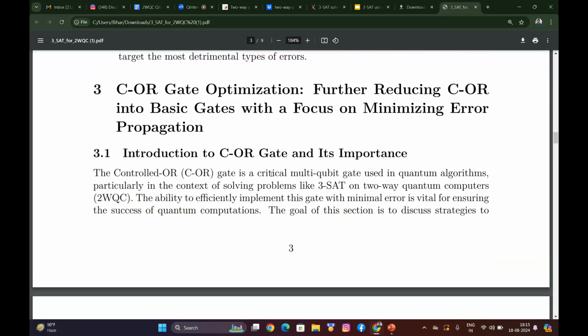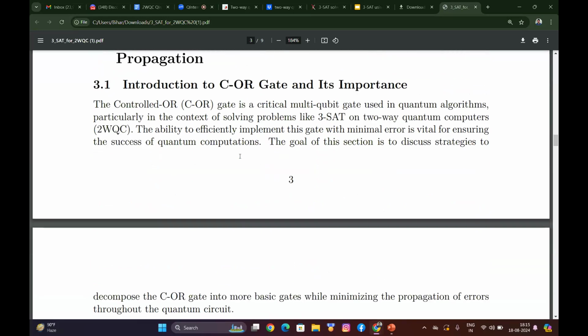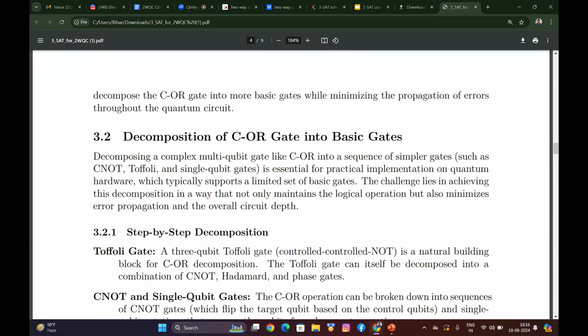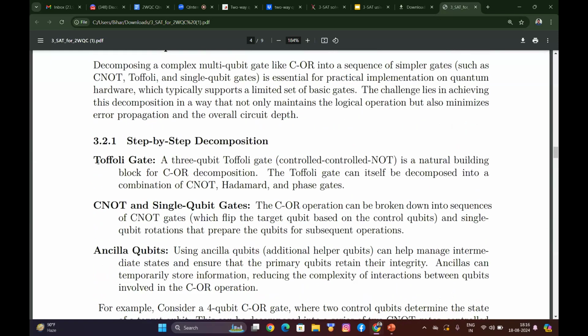C gate and its importance here. The control OR gate is a crucial multi-qubit gate in two-way quantum computers, and for solving reset problems, we have to implement these gates. Further, we can decompose the COR gate into basic gates. The step-by-step decomposition can be done using Toffoli gates, CNOT gates, and further, this Toffoli gate can itself be decomposed into CNOT, Hadamard, and phase gates.